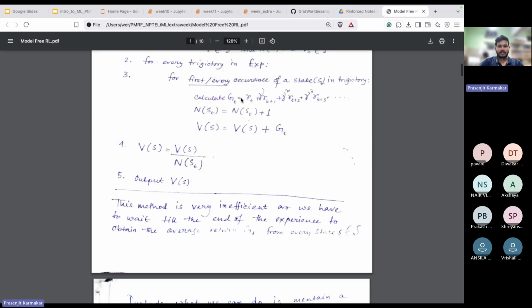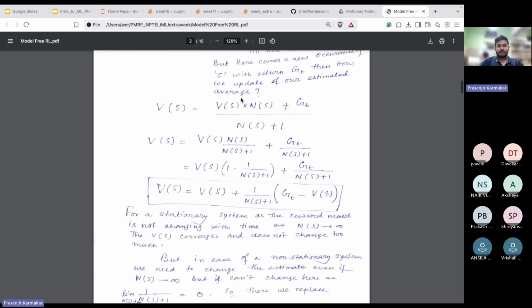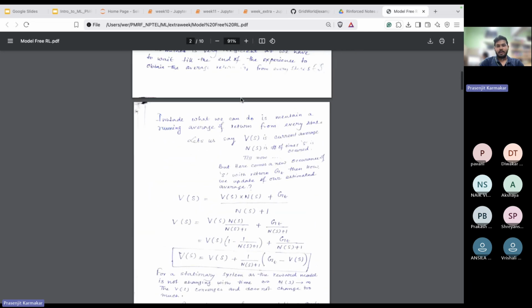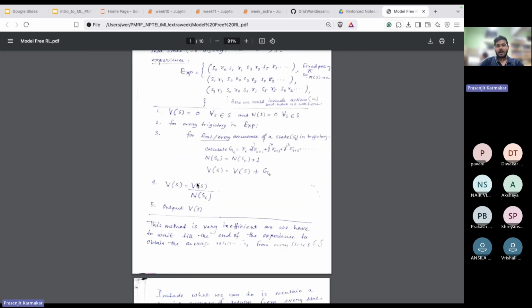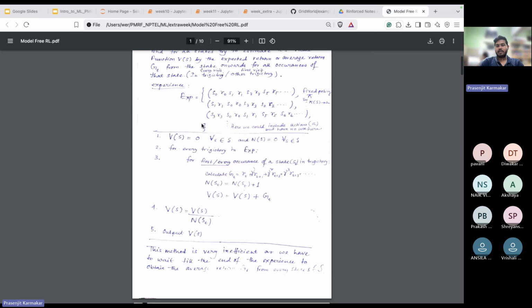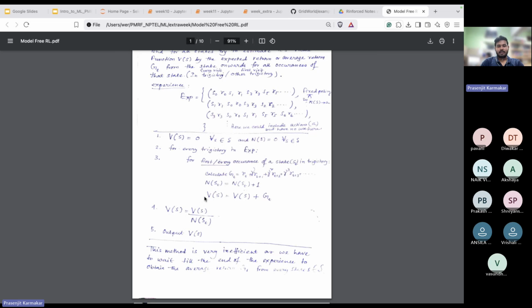Let's see what the next algorithm is. Instead of storing the experience, just to optimize the memory utilization, you can update the value function and the number of counts as you keep collecting data.